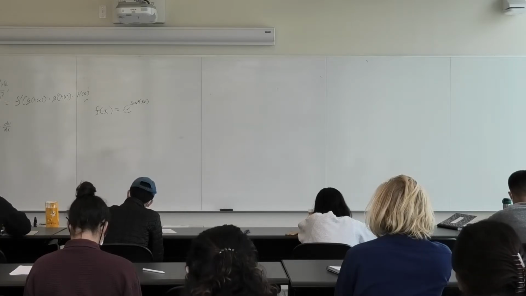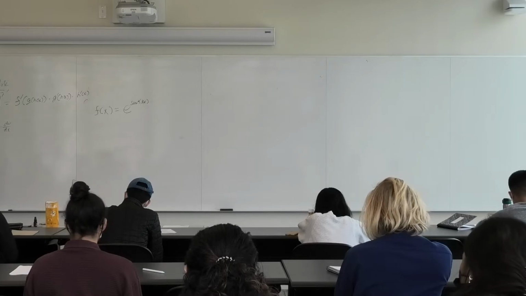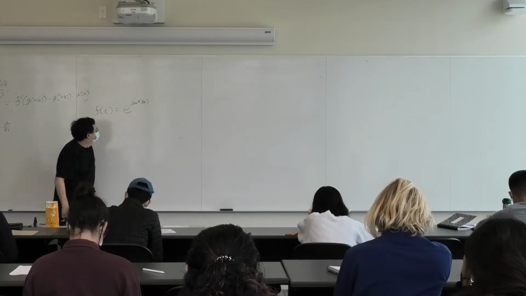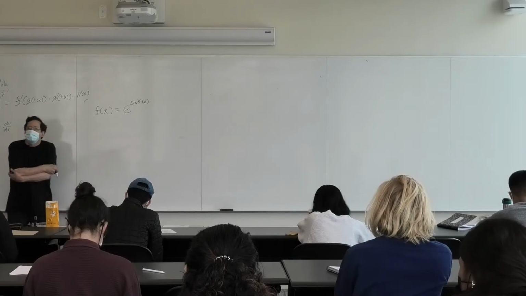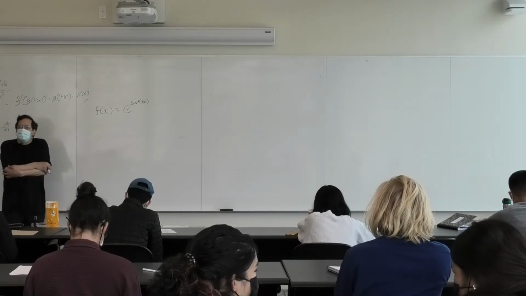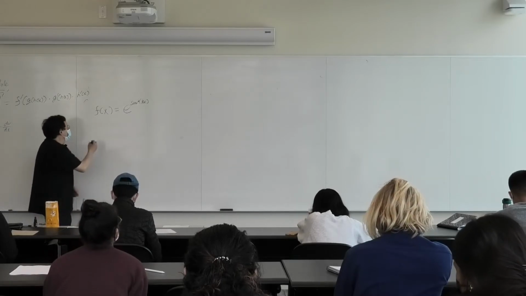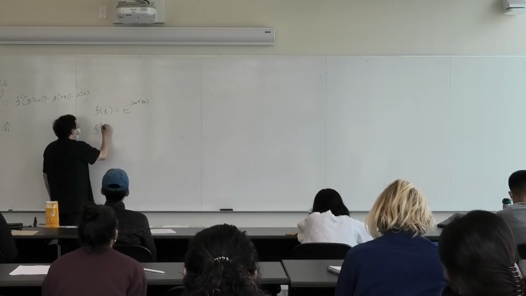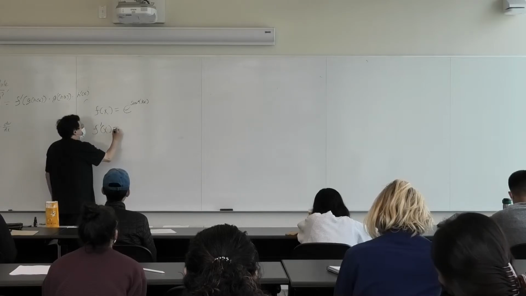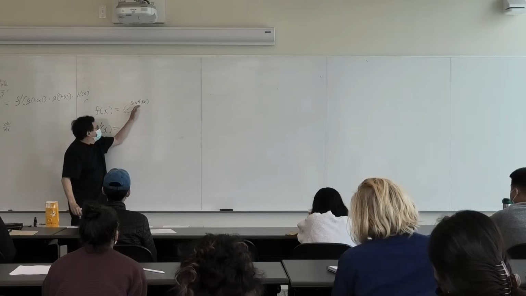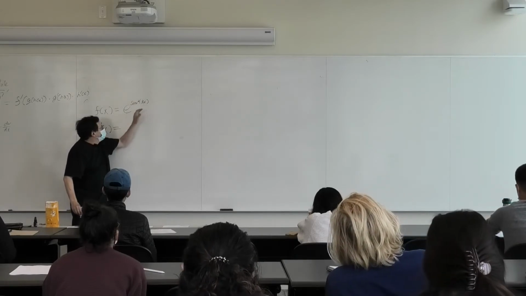All right. Let someone at least tell me what the first thing I'm going to write is. Derivative of e to the sine squared 3x.